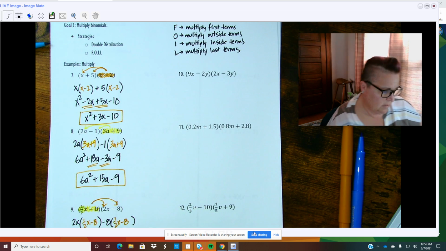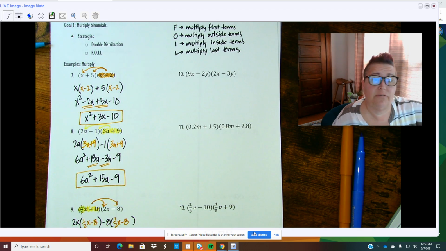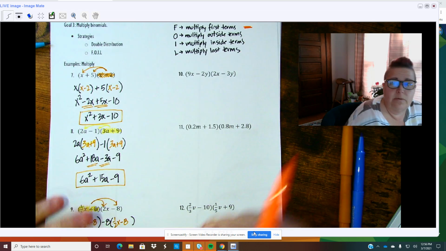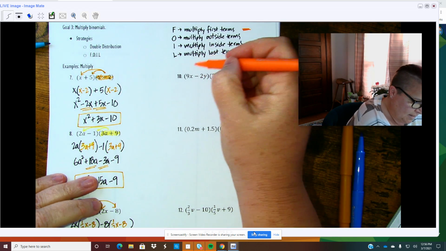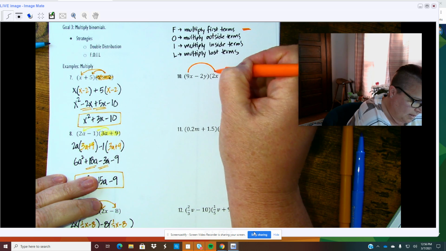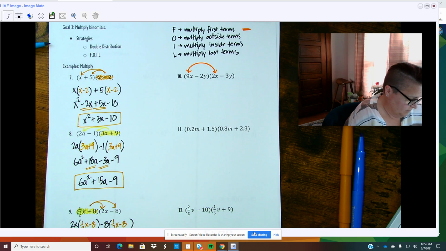Okay, so I'm going to use my colors. This might look a little messy. I'm just going to forewarn you. When we're multiplying the first terms, that means I'm going to take the 9x and multiply it by the 2x.